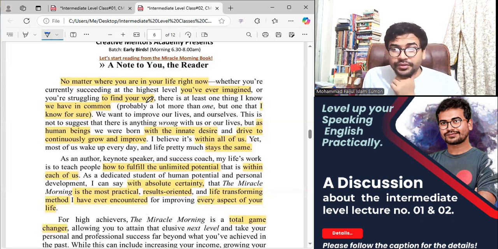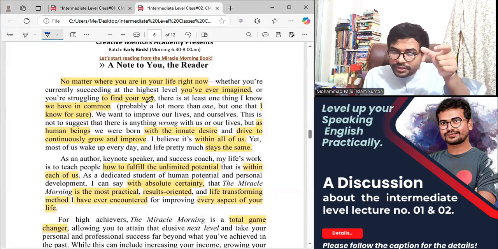We want to improve our lives and ourselves. This is not to suggest that there is anything wrong with us or our lives, but as human beings, we are born with the innate desire and drive to continuously grow and improve. I believe it's within all of us. Yet most of us wake up every day and life pretty much stays the same.